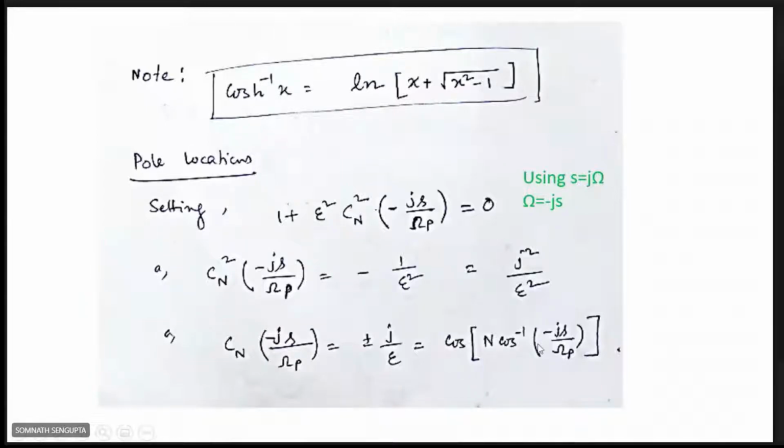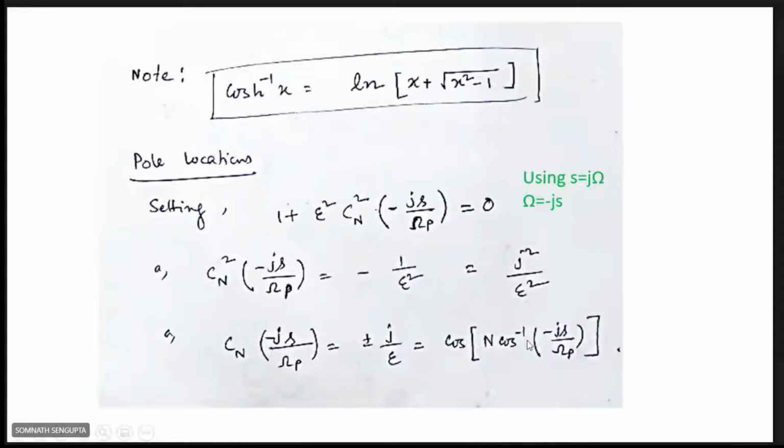If it were for the stop band, it would be cos hyperbolic, but it is cos for the pass band. Then this is the formula for Cn. So cos of n cos inverse of minus js by omega p is equal to plus minus j by epsilon.